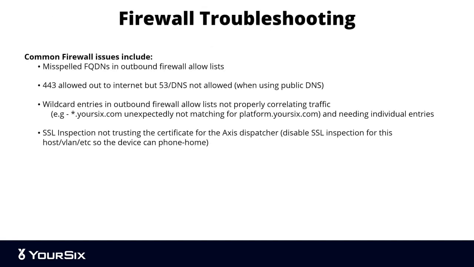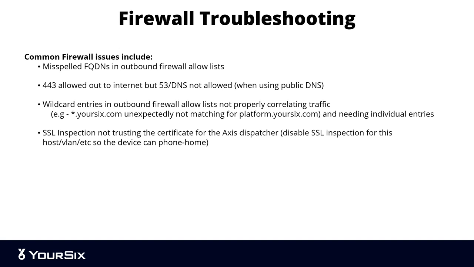Okay, let's look at a couple of final issues around firewalls and make sure that these are resolved. One is start by looking at the FQDN list and those that were whitelisted for strict outbound firewall rules. Make sure there's no misspellings in there. Secondly, make sure that 443 is allowed out to the internet.